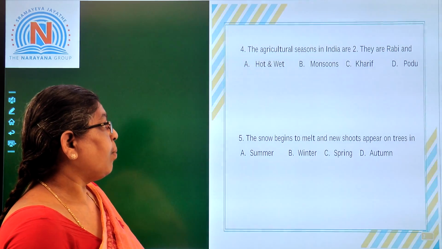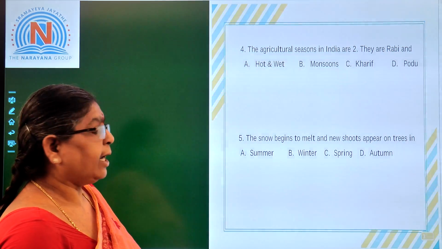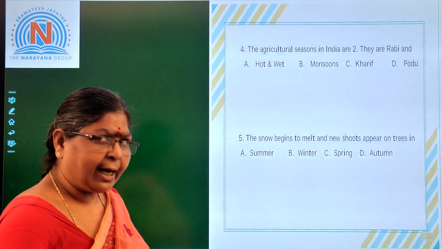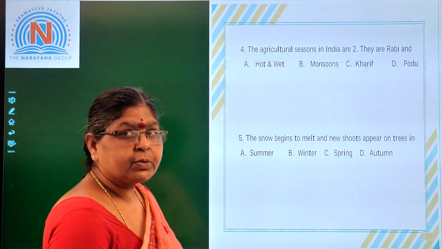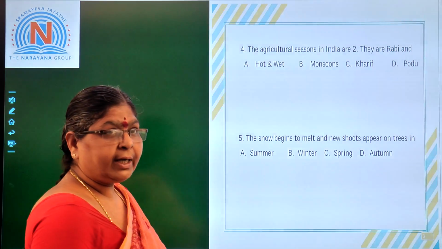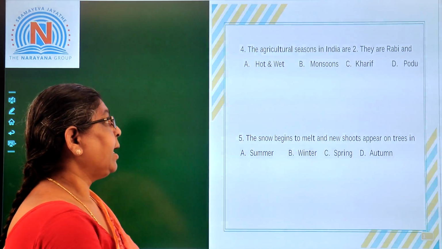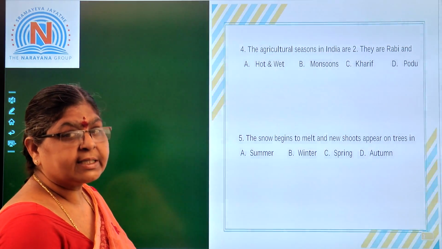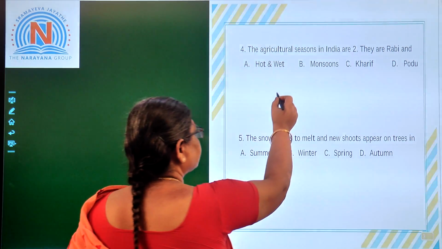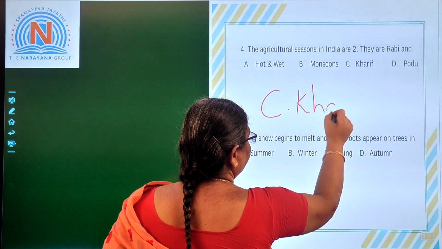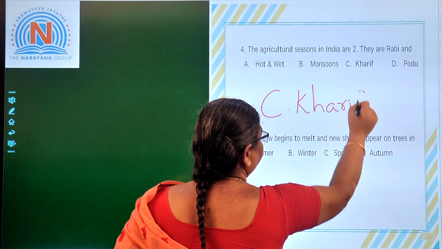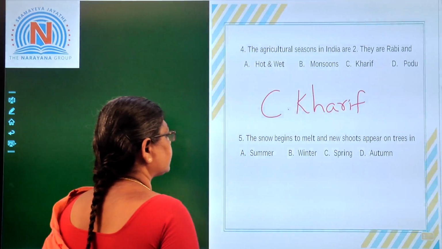Hot and wet, monsoons, Kharif and Podu. Podu is a cultivation type. Monsoons, they are the winds. Hot and wet is the climate type. Then agricultural season is Kharif. So, option C, Kharif is the answer for that question.